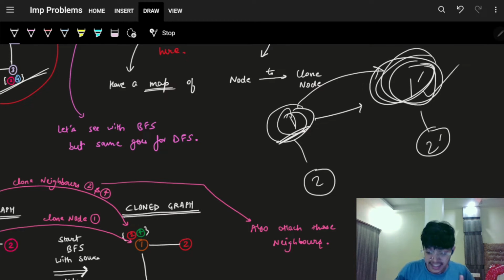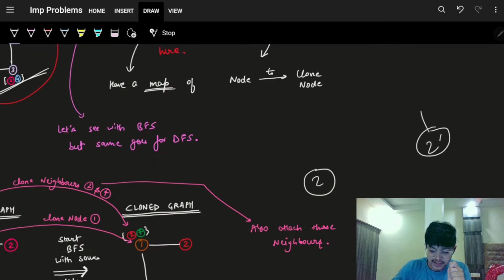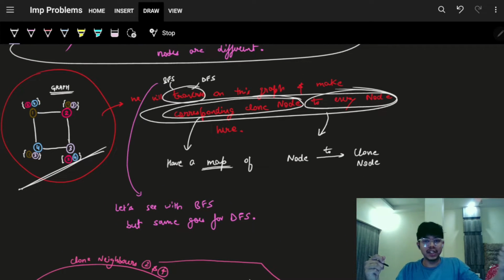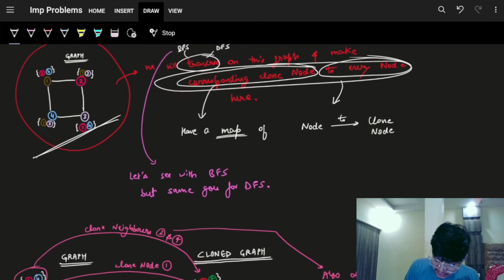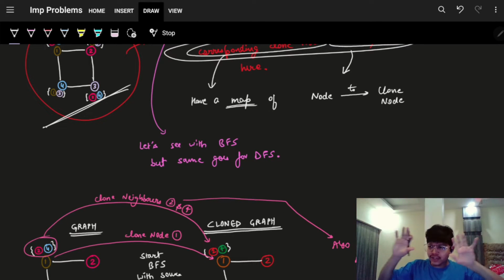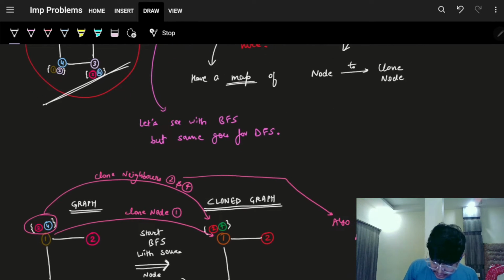That's the reason: to traverse, we need a corresponding clone node for every node. As we are making for one, I'm making a one dash, right? One dash is simply a node with the value one, but actually a new node. I'm just saying that for reference. Now we make a map from node to clone node to traverse on that graph.